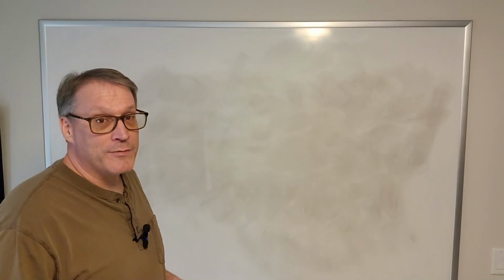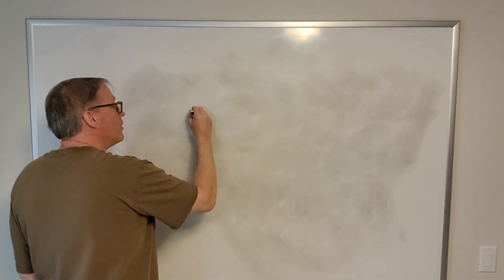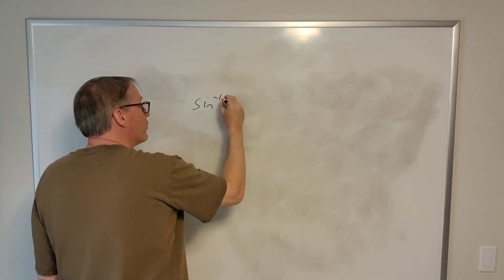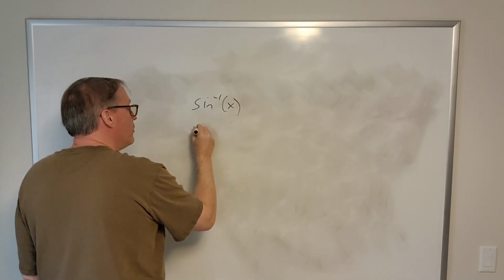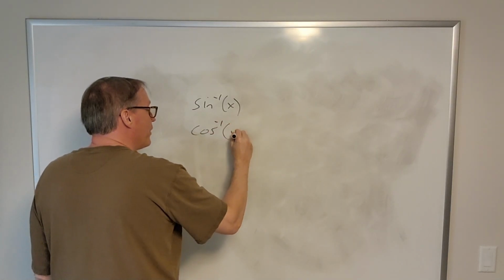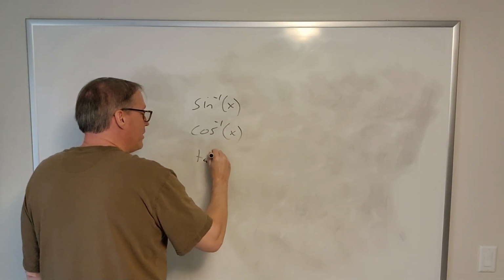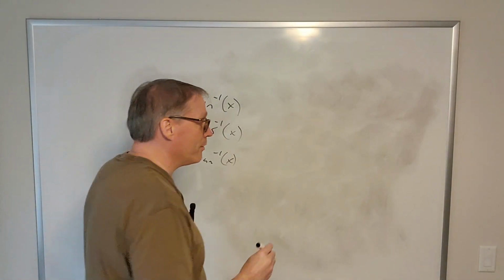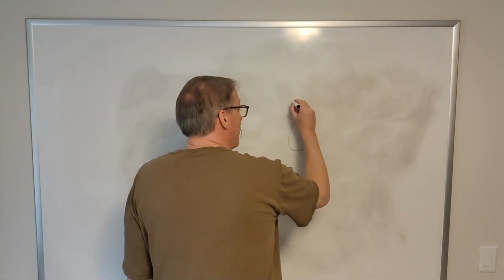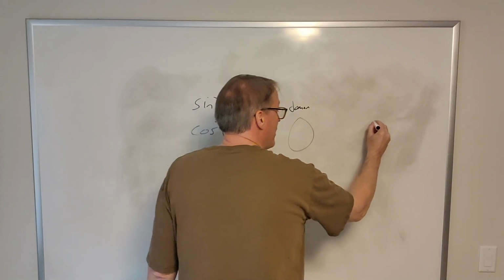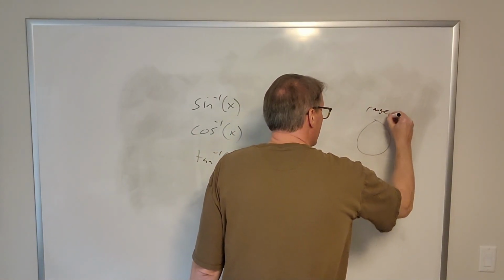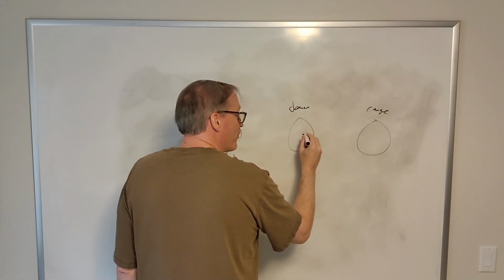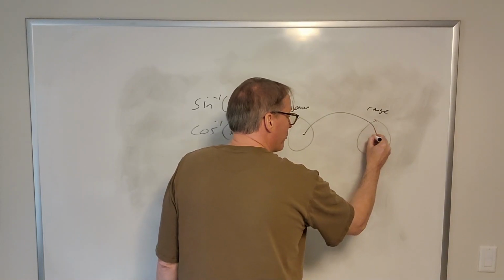All right, let's move on to the inverse trig functions. These are sine inverse of x, cosine inverse of x, and tangent inverse of x. Now, quick reminder, functions in general have a domain and a range. A function takes a number from the domain and maps it over to the range.